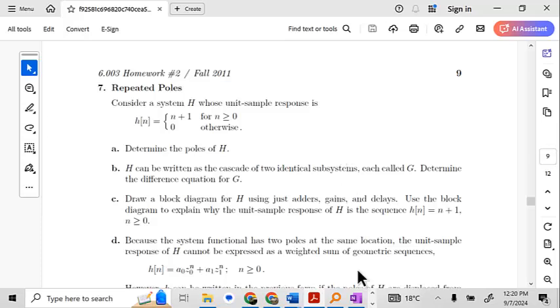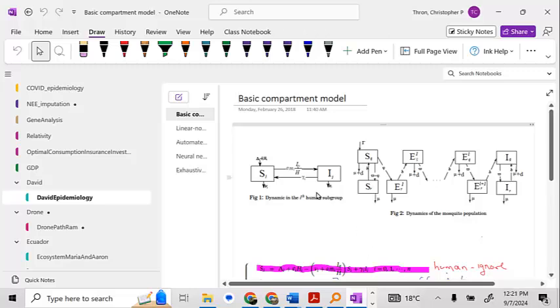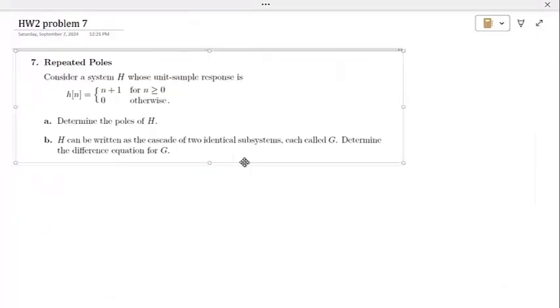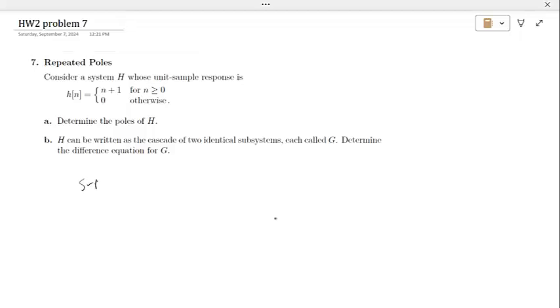So let me show what I'm talking about. Okay, so I copied the question, and suppose h of z is equal to, let's just say, call it h1 of z squared. Okay, so h1 of z has a system represented by a system diagram.